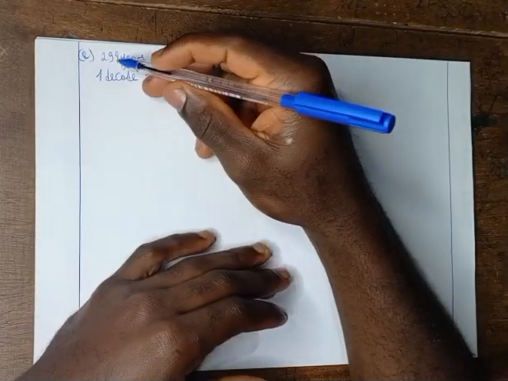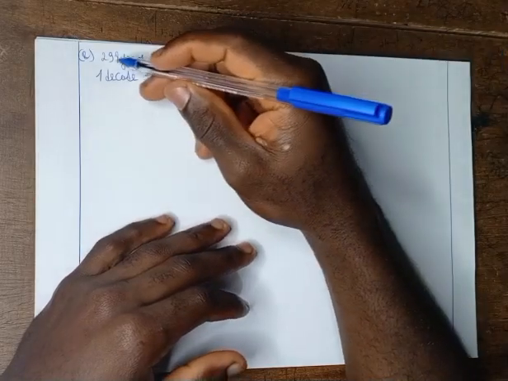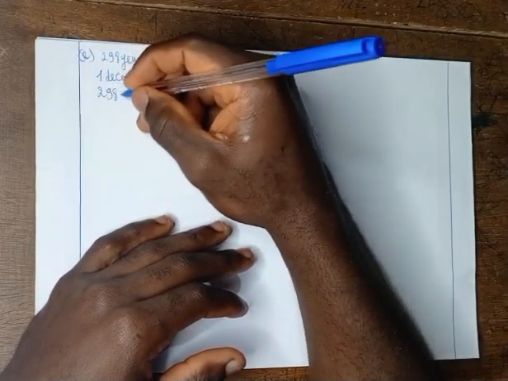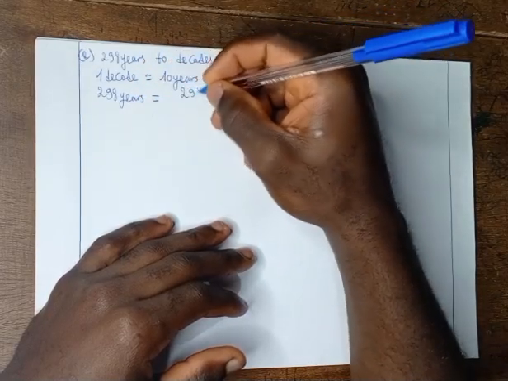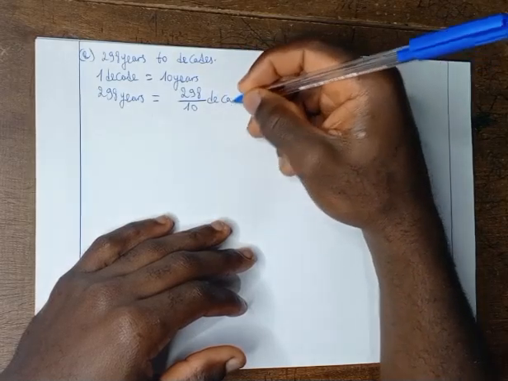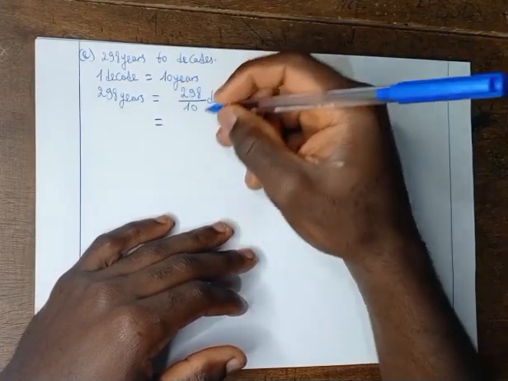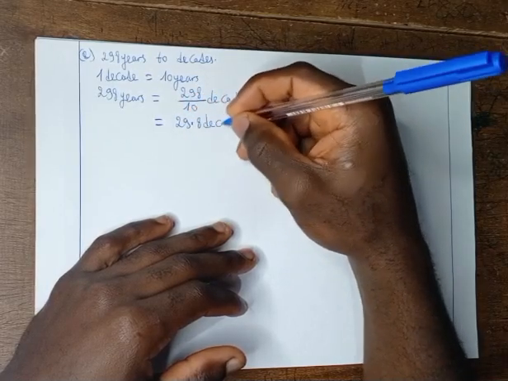So for us to get the number of decades in 298 years, we are simply going to divide 298 by 10. 298 years will simply be equal to 298 divided by 10. Then here the unit will be decades. So this will simply be equal to 29.8 decades.